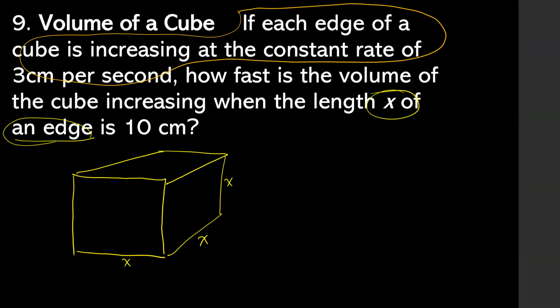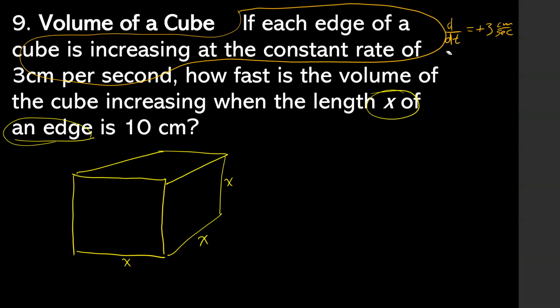If each edge of a cube increases at the constant rate of 3 centimeters per second, so we know that's, I don't know, plus 3 something. Well, that's definitely a rate, so we're going to have d something over dt. And that makes sense. So dt in the denominator, seconds in the denominator. Those both indicate a change in time.